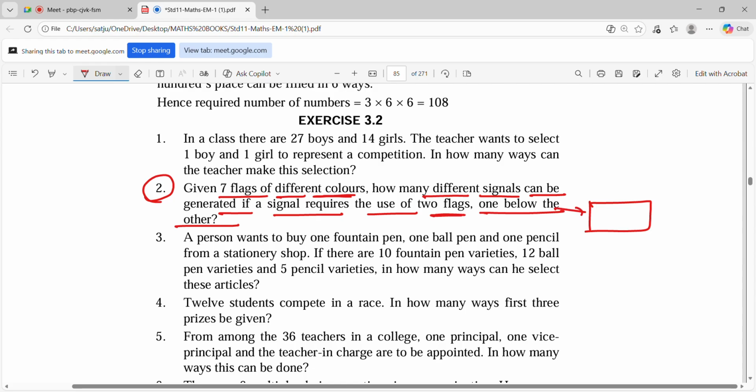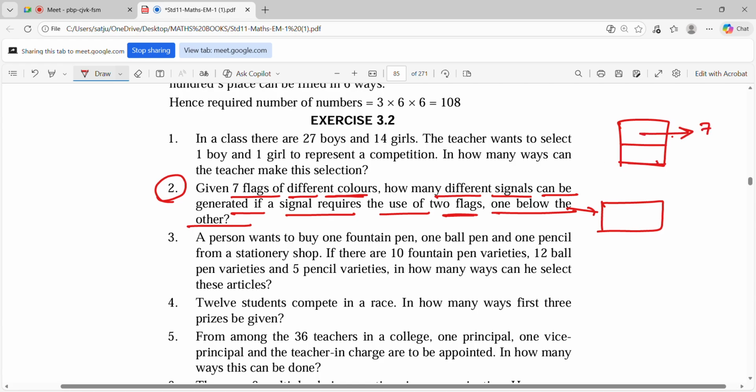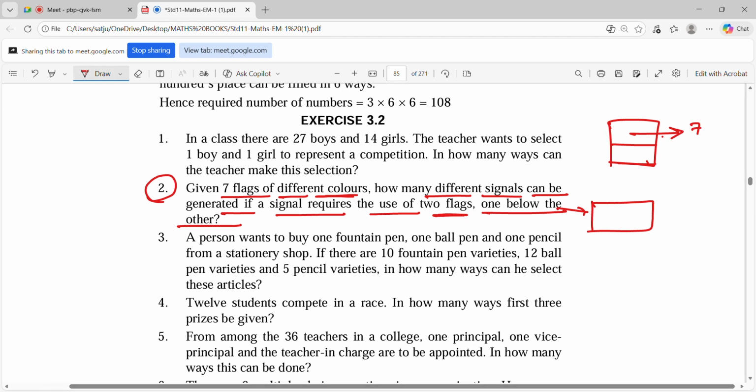The first one, listen. One below the other. So the first one can be filled here in 7 possible ways. For the second one, if you are using one color, you should not use that one again. To fill this one, you have 6. So therefore 7 into 6, 42. Understood?